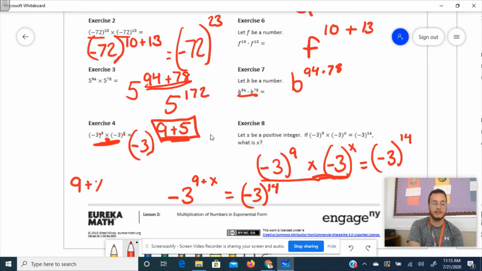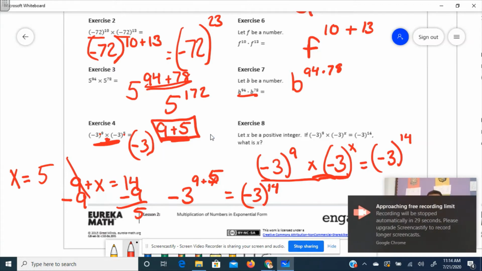I know that 9 plus X equals 14. If I wanted to find out what X was, I'd need to get it by itself. You remember this from 7th grade? Subtract 9 from both sides. I'm left with X on one side equals 14 minus 9, because remember, if I subtract 9 from this side, then I have to do it from this side. So 14 minus 9 gives us a 5, and you're left with X had to be 5, because if X was 5, then 9 plus 5 gives me the exponent of 14.